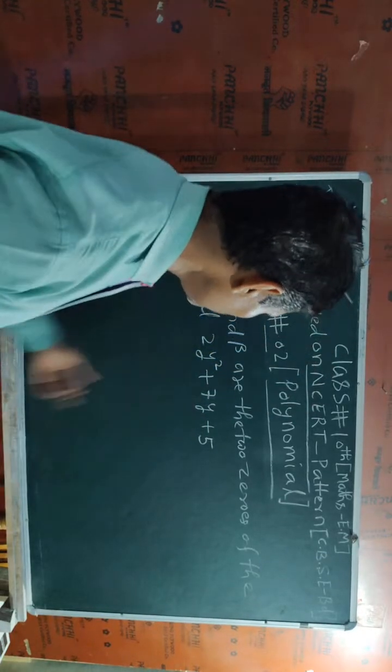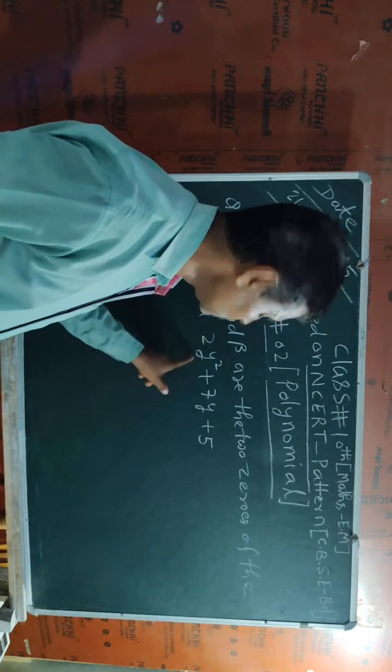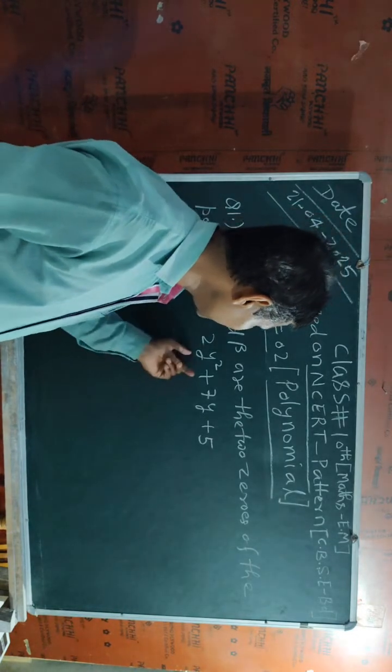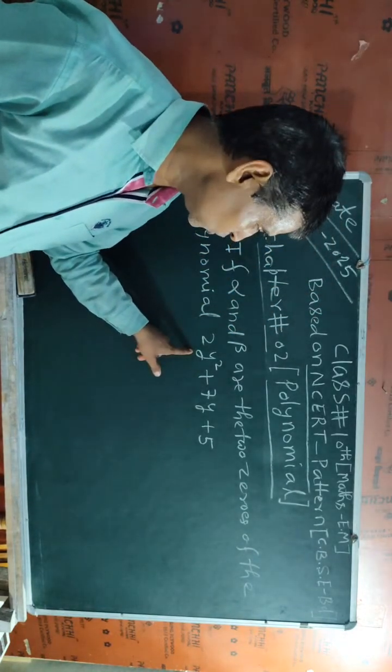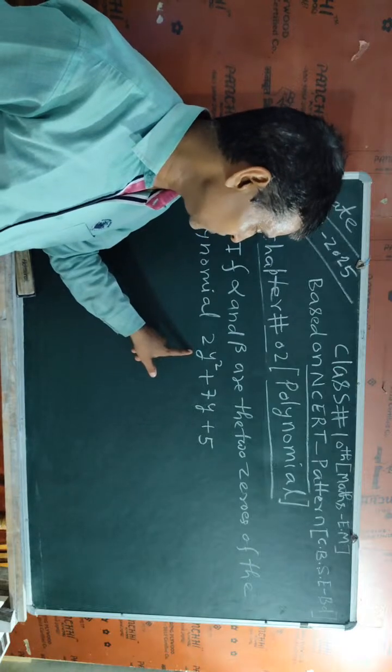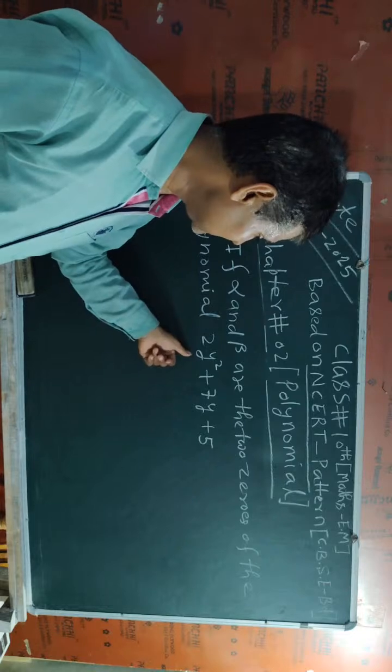This is a polynomial, but this polynomial is written in the variable y. In some polynomials x is used, but in this polynomial y is written. Okay students, so you should not have any confusion. In the place of x, y is written here.